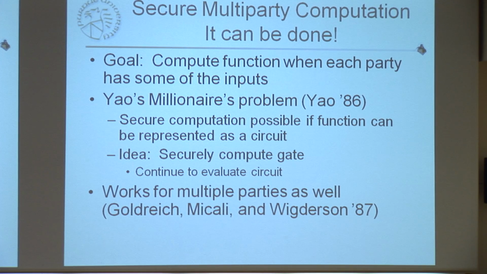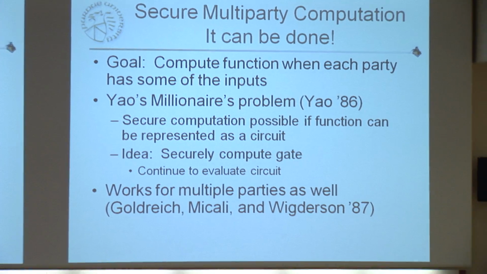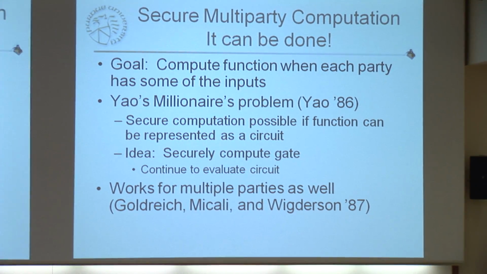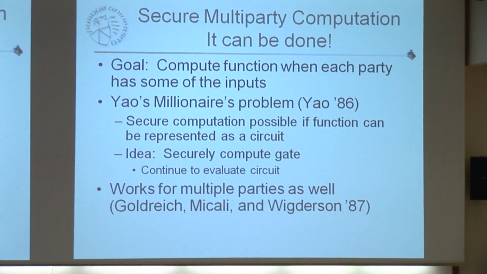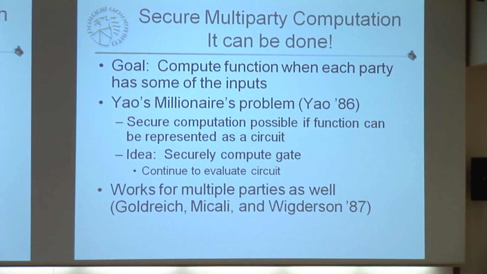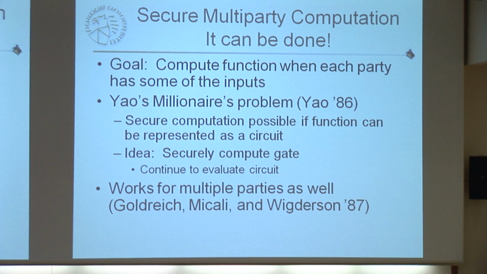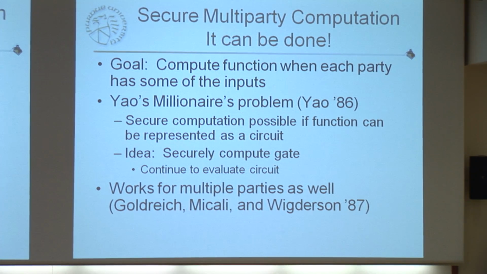Think of it, the wire that comes out of the gate has a 1 or 0 on it. Well, each of us gets a 1 or 0, and if we exclusive OR those, we get the true result. But which of us gets which part of that is completely random. He showed how we could do this. And then it was later extended to work for multiple parties.